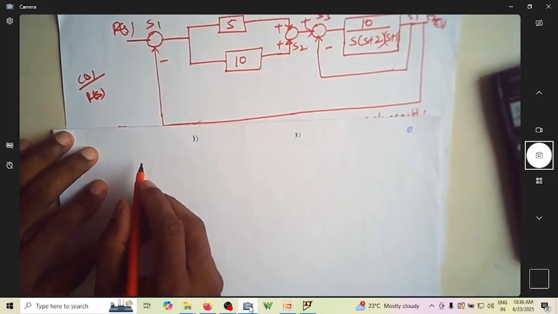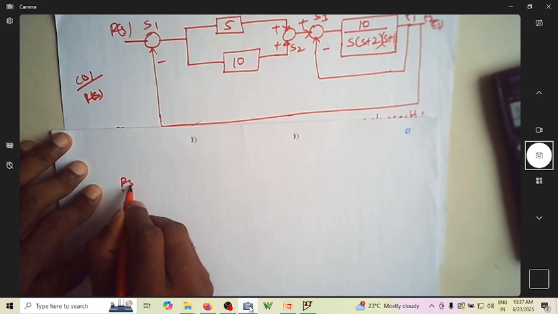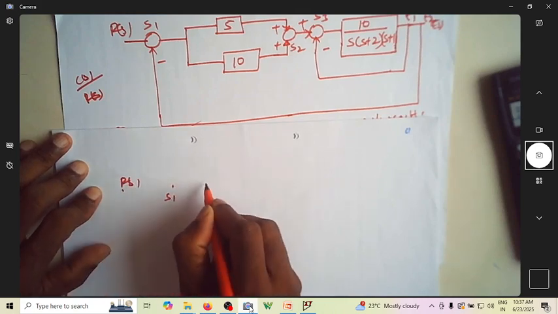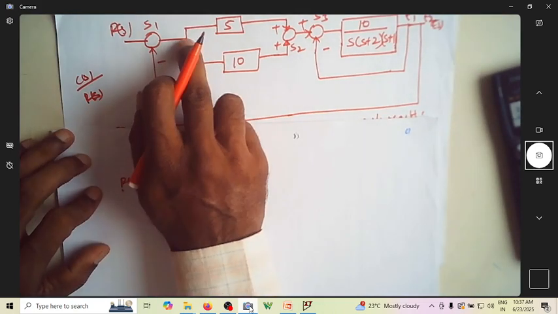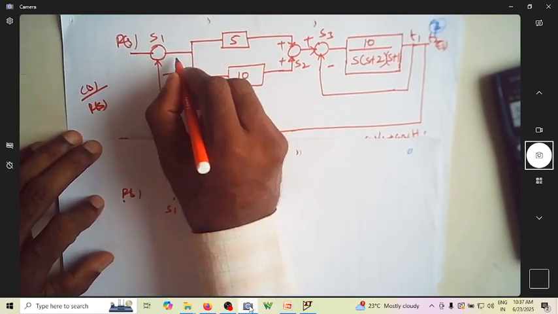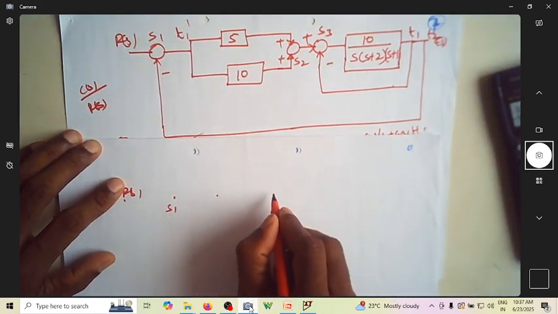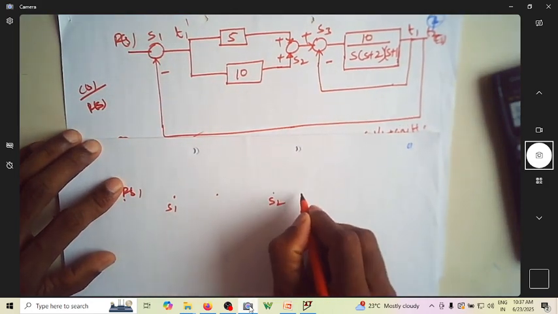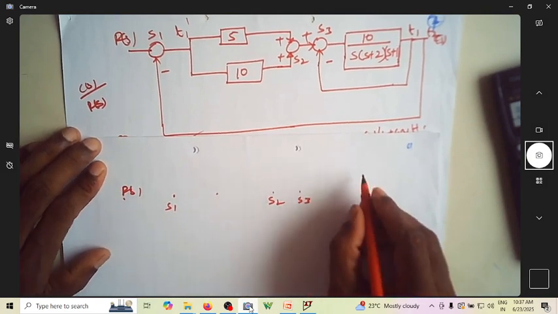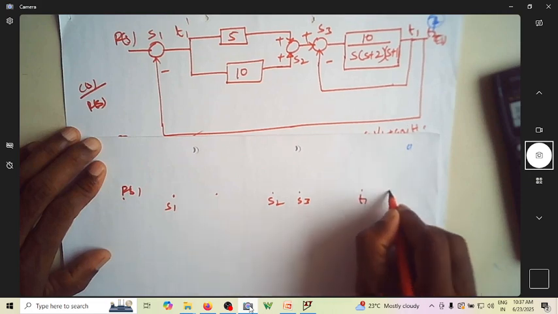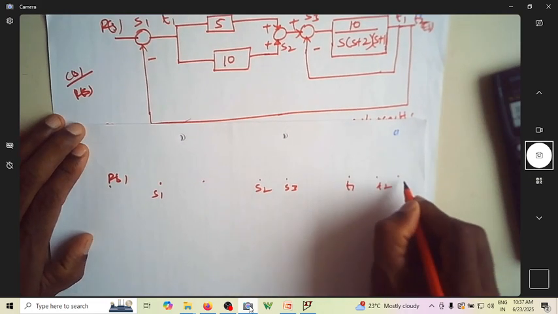So shall I write this as my RFS? This is S1, and you have this. You can say this is some T1 dash. You have a T1 dash, and then you have S2 here, S3 here, T1 here, T2 here, and you have CS here.